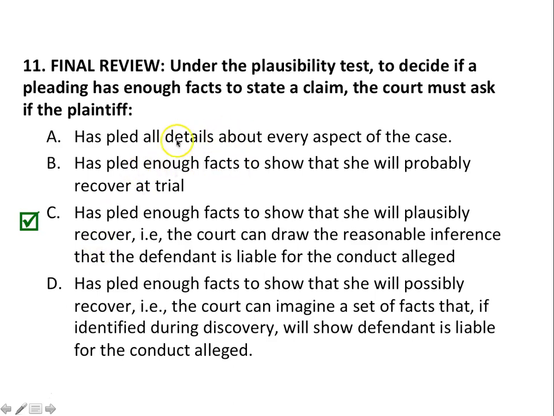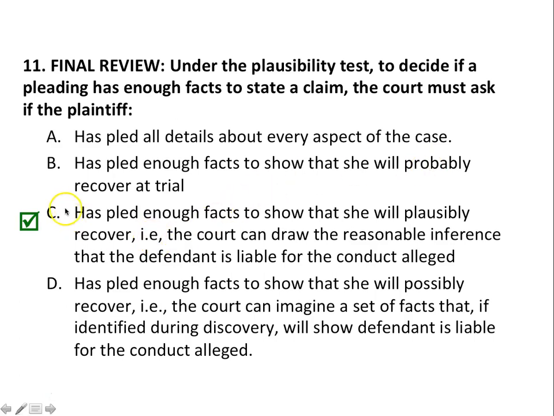A is incorrect, because the plausibility test does not ask if you've given all the details. You only have to give details needed to state a claim. B is incorrect because the plaintiff does not need to show she'll probably recover at trial.